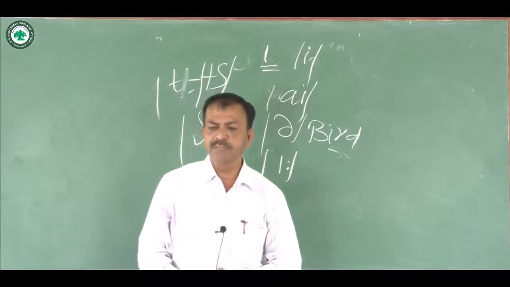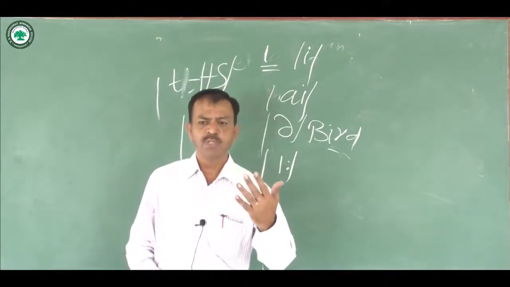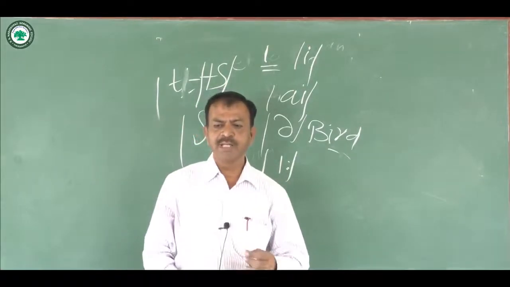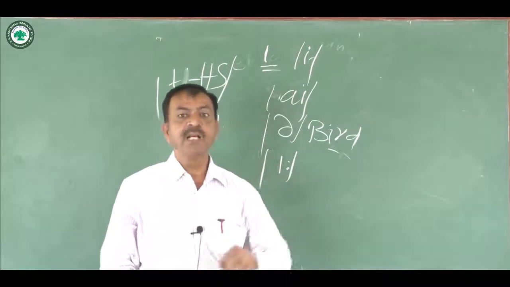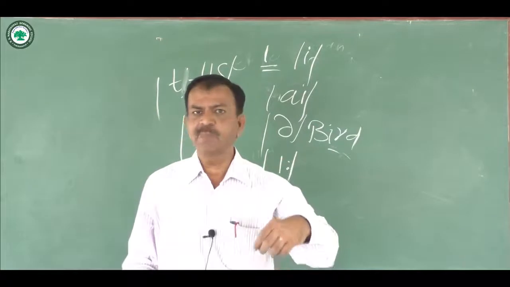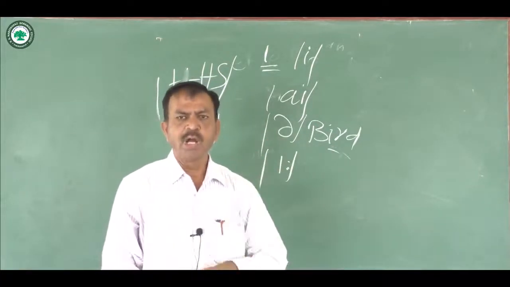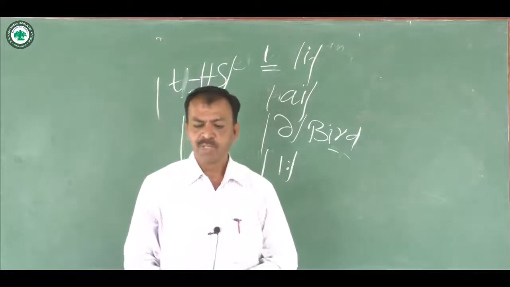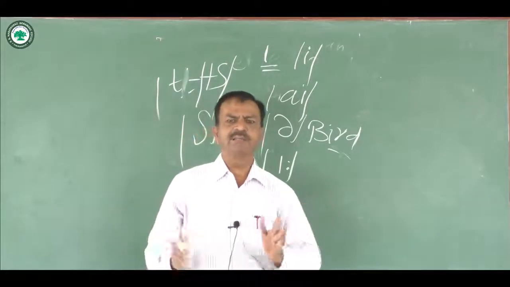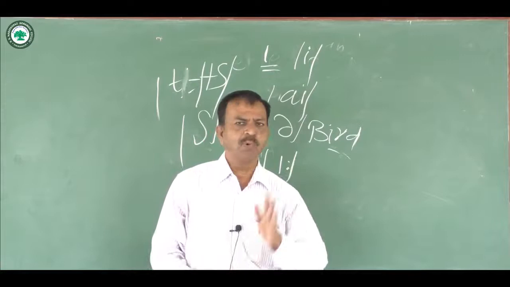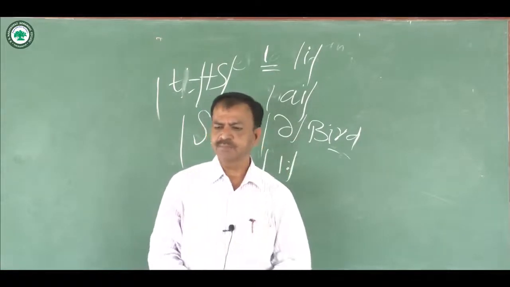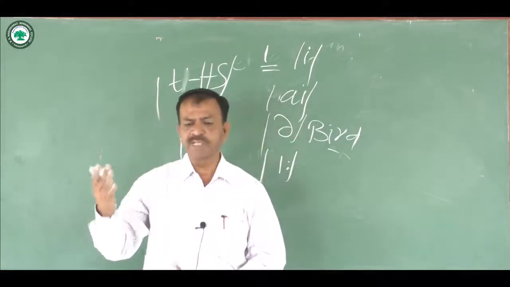Or in the word sugar, here S is pronounced as sh, as in sugar, or mansion. So these are the different examples of how the same letter is pronounced differently.